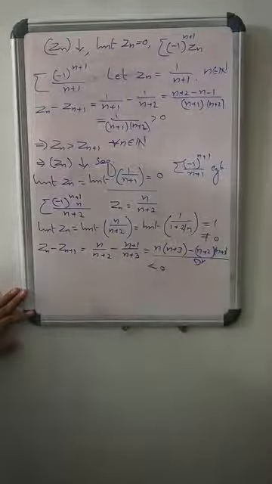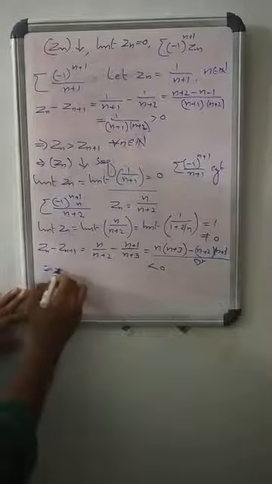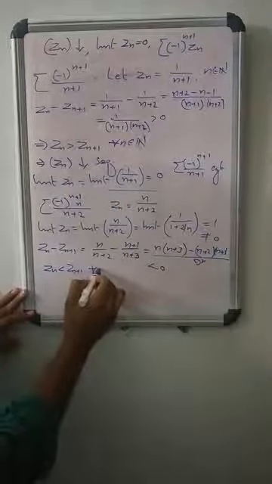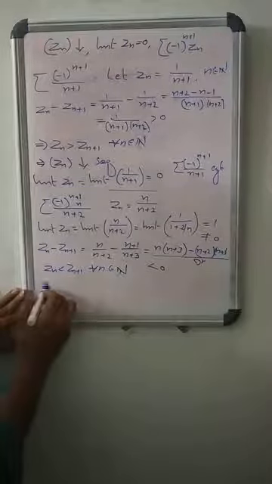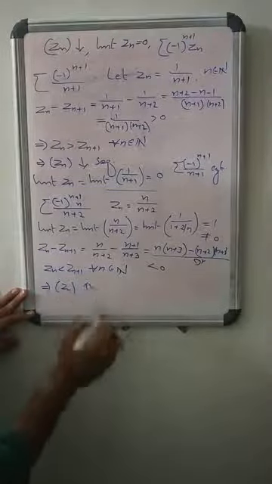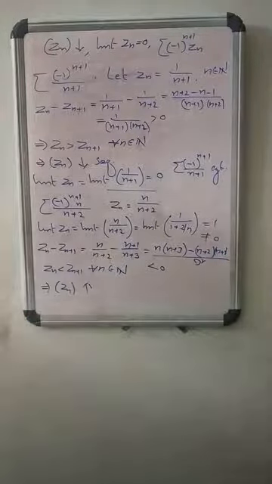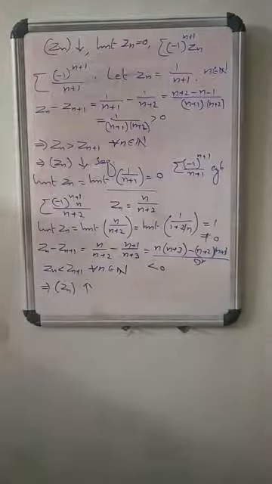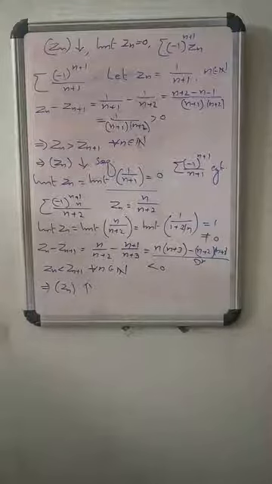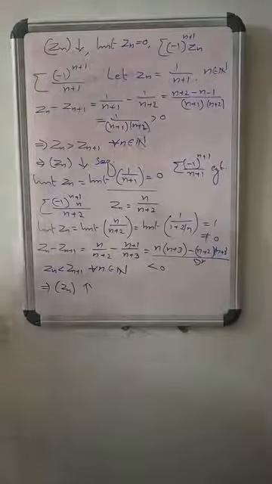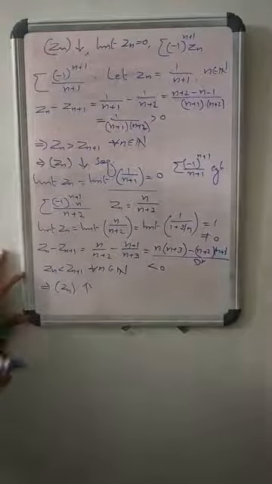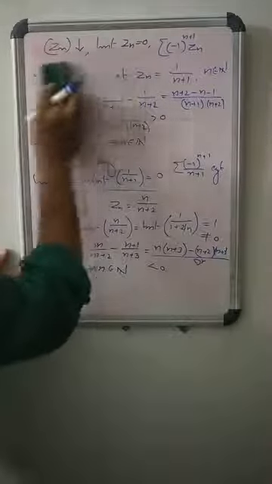So this should be negative. That means Zn is less than Zn plus 1 for all n, so the sequence Zn is an increasing sequence, with limit Zn strictly different from 0. So by the alternating series test, sigma (-1)^(n+1) into n by n plus 2 does not converge.